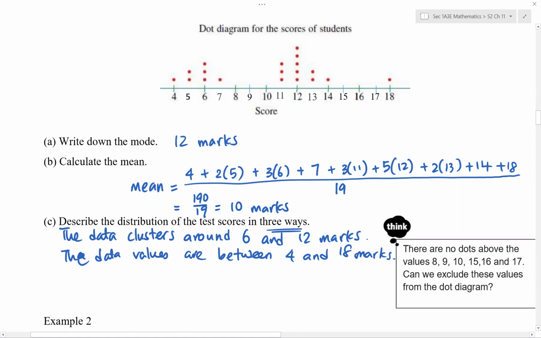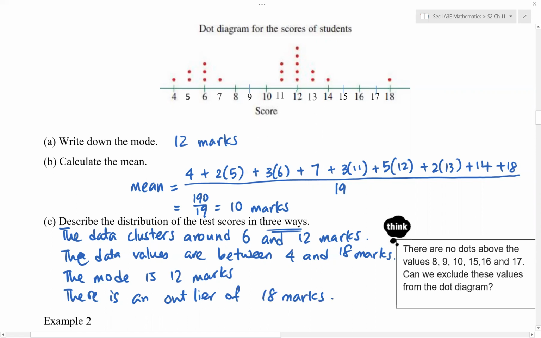We can also talk about the modal mark, or the mode, is 12 marks. You can also talk about the outlier. There is an outlier of 18 marks. So we've got 4 points over here. You can choose 3 of them to talk about.